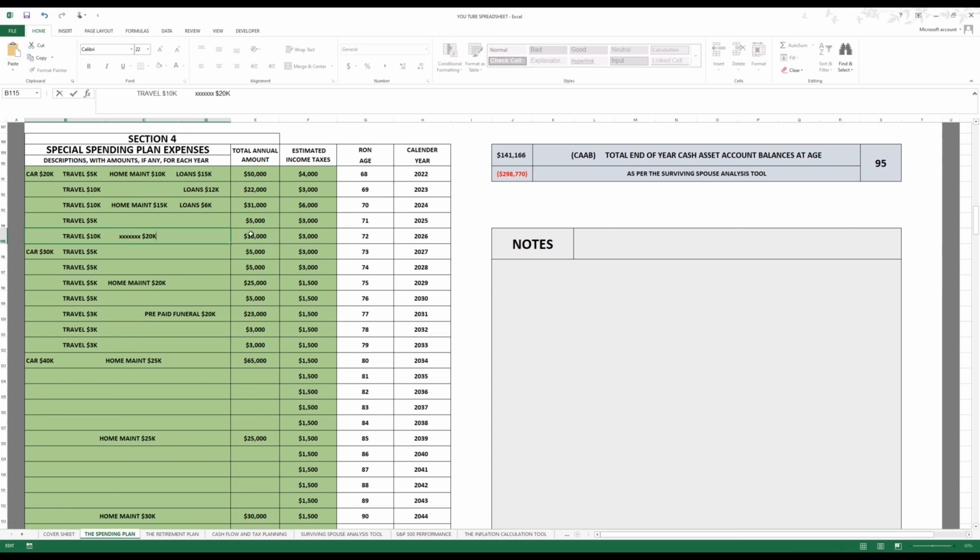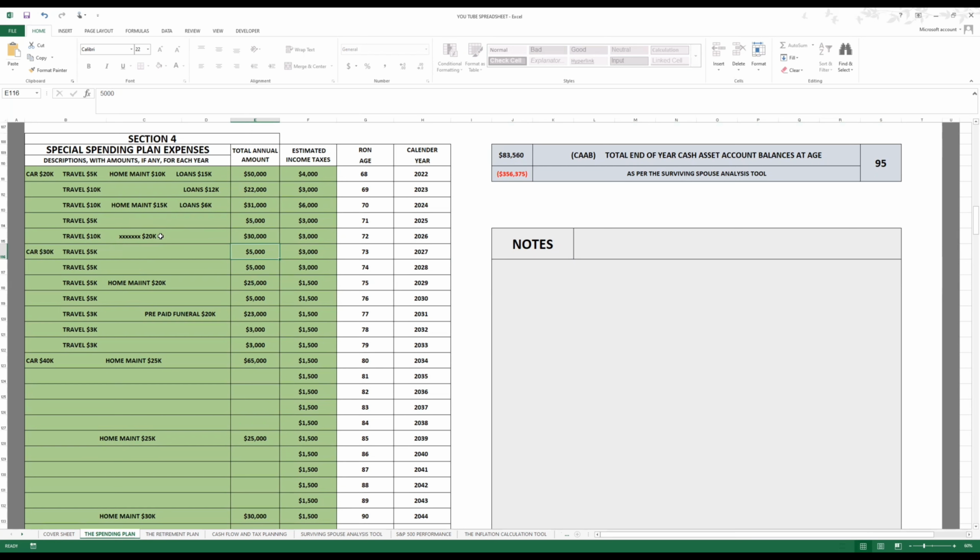So what does that do to my CAB up here? Well, let's change this number here to a 30,000 and see what it does. It drops that CAB from 141,000 down to 83,000, a sizable drop. But fortunately, I had enough cushion here that I could absorb this unexpected expense without an issue.